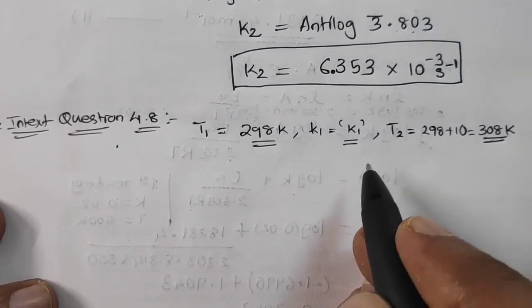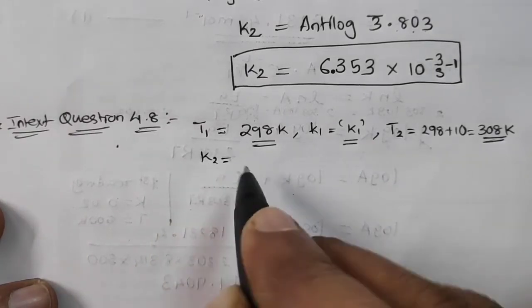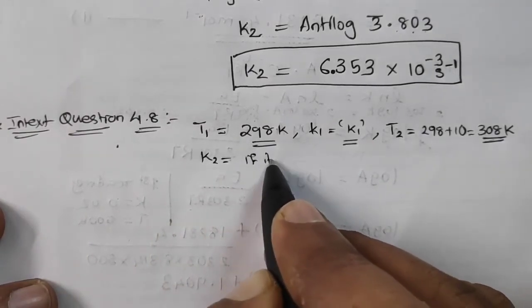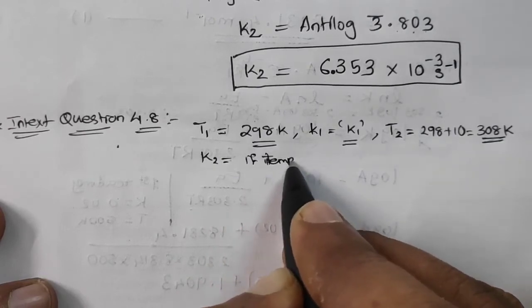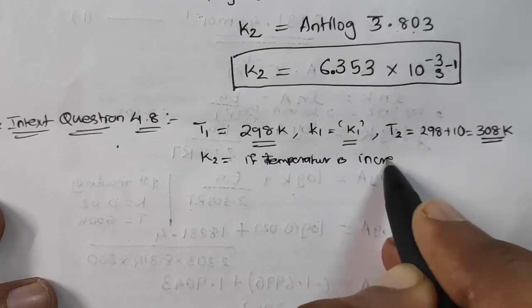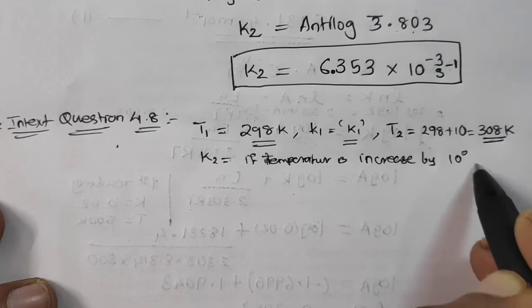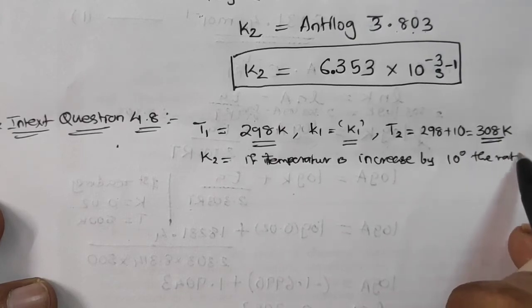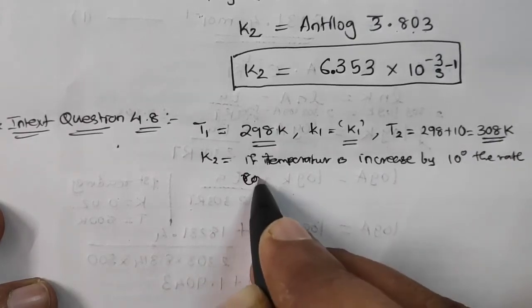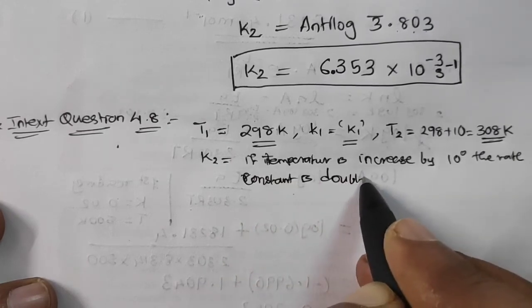Right? Now K2 we know. If the temperature is increased by 10 degrees, the rate constant, what we have seen just now, is doubled. Clear?